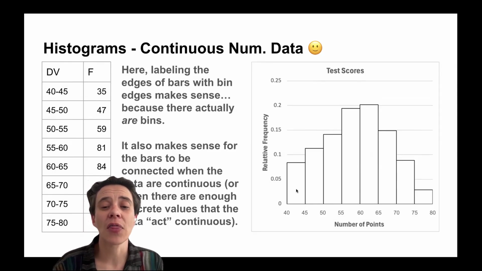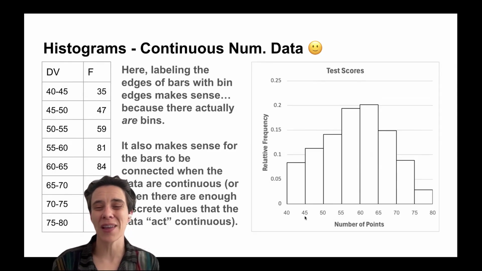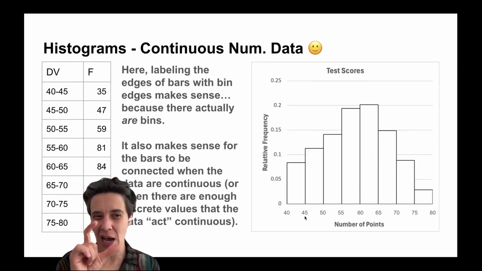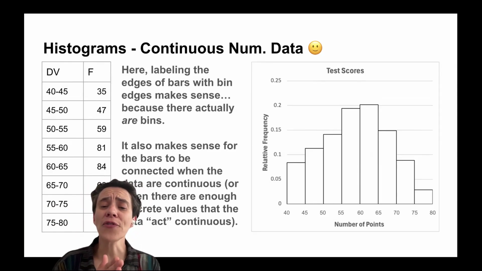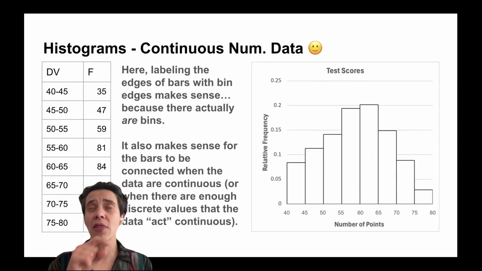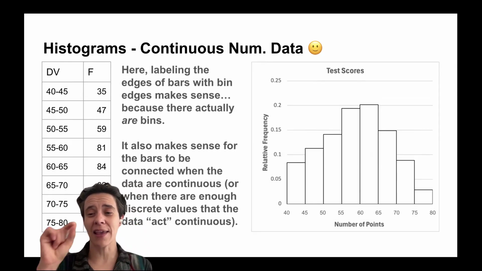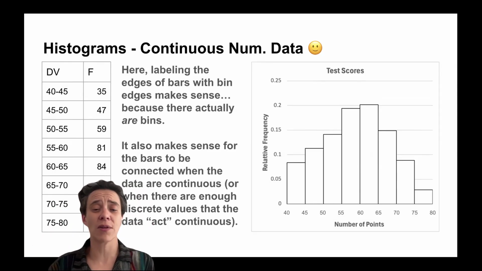Okay? So these bins finally make sense directly on a graph, using the edges of them as the labels instead of the ranges as the label in the middle of the bar like we were before. Also, these data are continuous, so the bars being connected and giving that visual continuity is the way to do this that makes the most sense visually and conceptually.